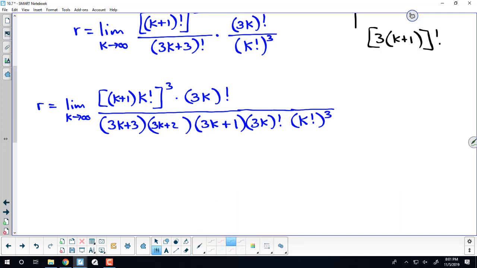Just not to get these things mixed up, this first term we could rewrite as k plus 1 cubed times k factorial cubed.